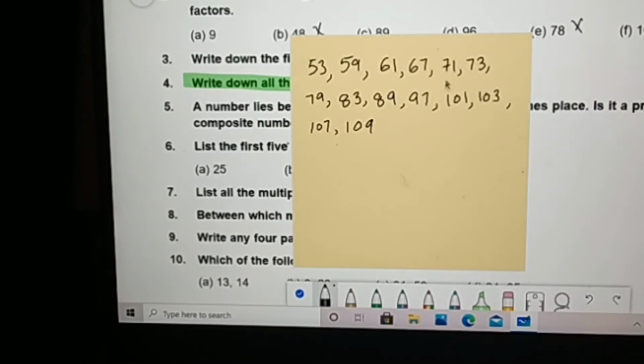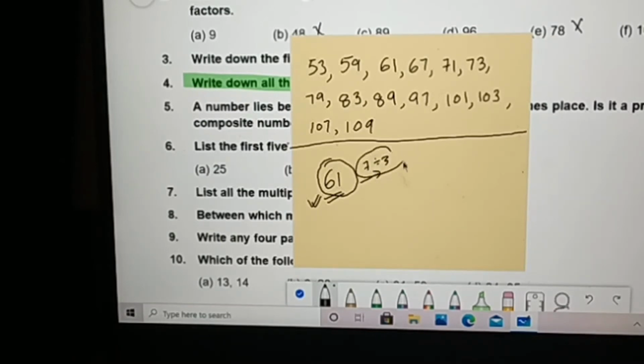So how can you think of whether a given number is prime or not? You have to check. Let me say some number comes like 61. This is just an example. When the sum of the digits is a multiple of 3, then it is divisible by 3 or 9. So 6 plus 1 is 7. 7 is not divisible by 3. So 61 is not divisible by 3.